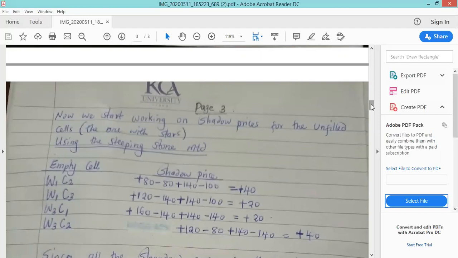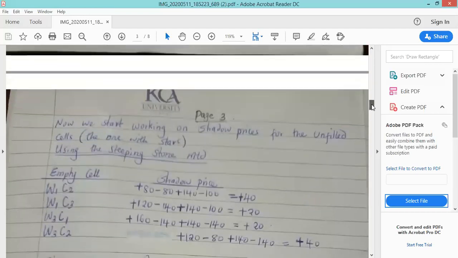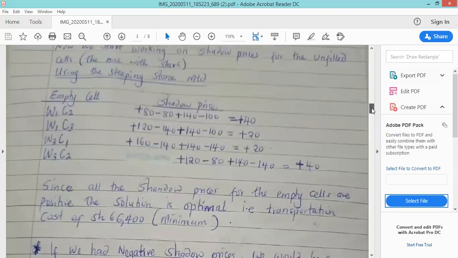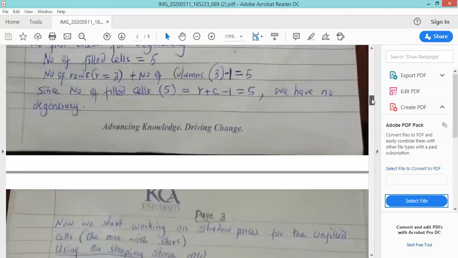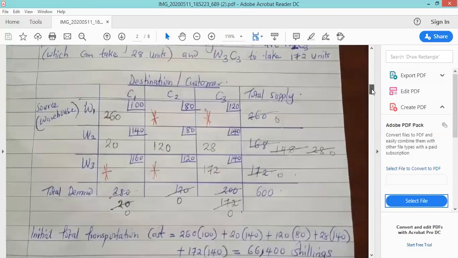And we also have the modified distribution method, which argues for the figures to be assigned to the columns as well as the rows, with the variable of the first row always being a 0. So I've also given you the outline from that handout on the 2 methods on how to evaluate the shadow prices for the empty cells.